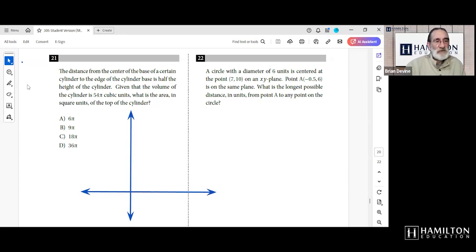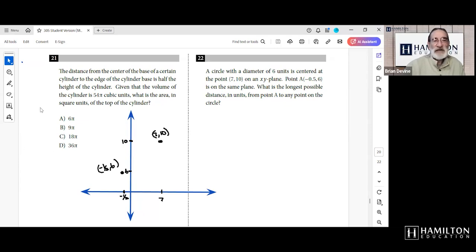So we're at 7, 10, and we'll say negative 1/2, 6 is right there. So negative 1/2, 6 and 7, 10, and it's got a radius of 3.